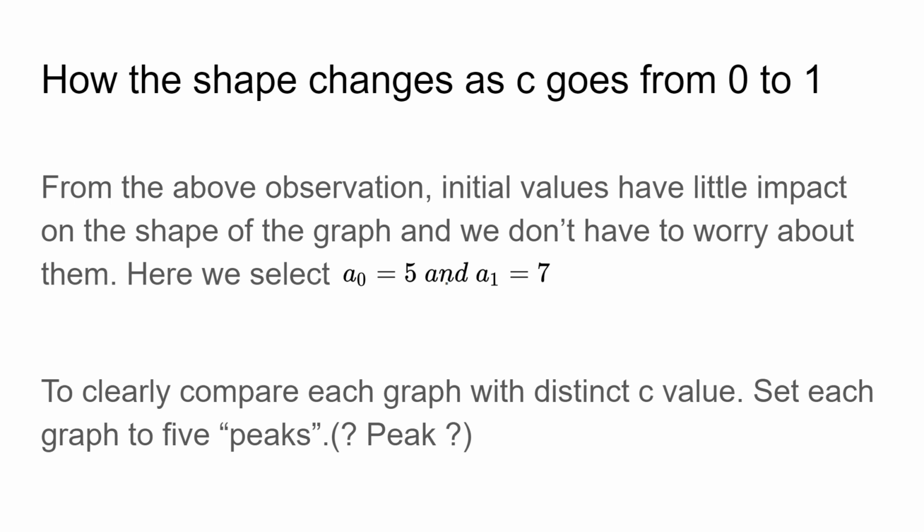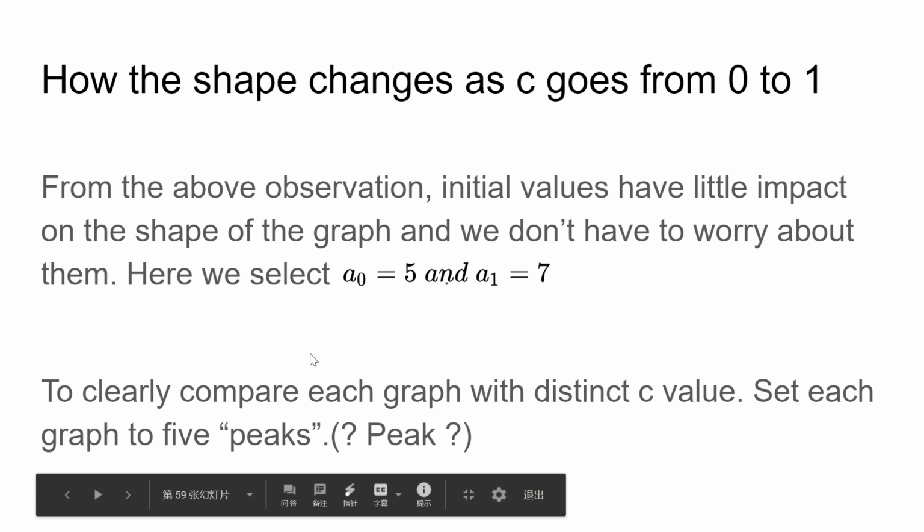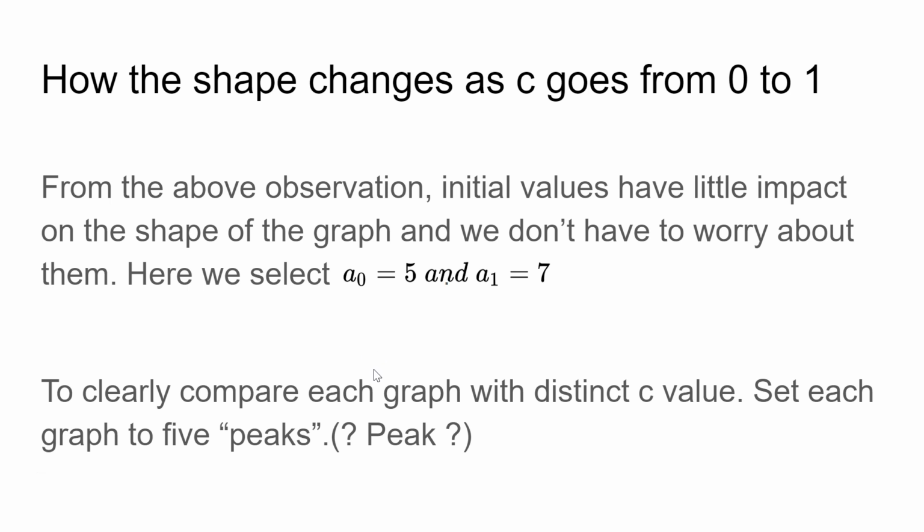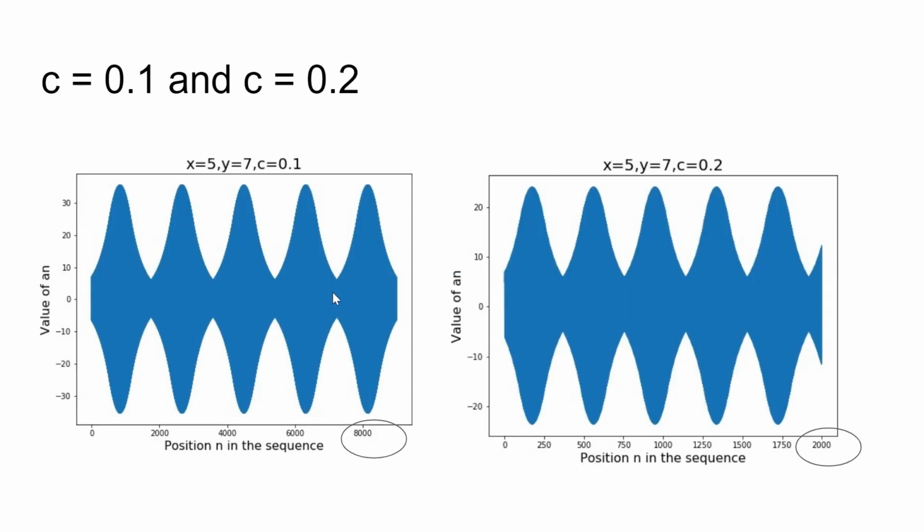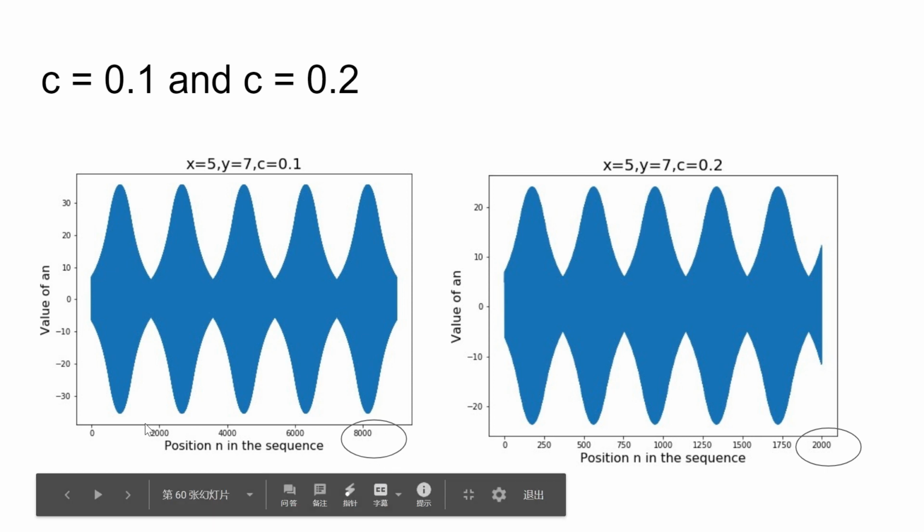We don't have to worry about them since the initial values' impact on the shape of the graph is very little. Also, to clearly compare each graph with distinct C value, we choose to set each graph to 5 pixels. In this graph, there are 5 pixels in total, this is the first peak, this is the second one, and so on. Also, to compare each graph, I need to focus on another value, that is the ultimate position, this one.